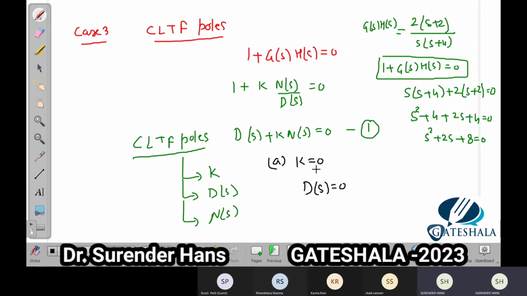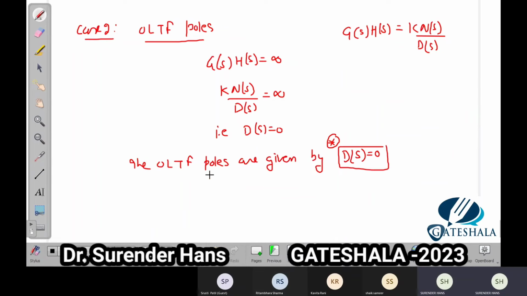So if I put the very first value of K, that is K is equal to 0, what I will get is D(s) is equal to 0, which is the open loop transfer function poles, OLTF poles. You can just cross check from here. This one is the open loop transfer function poles.